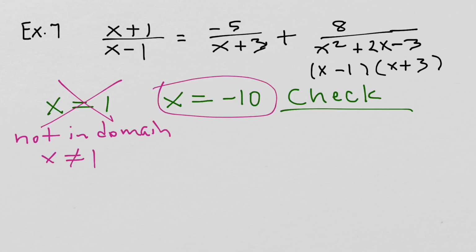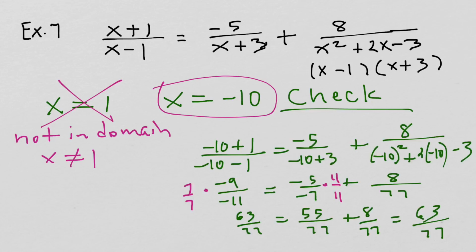All right, so now let's check this solution here. X is equal to negative 10 to see if it checks. All right, to speed things up, I plugged it in. So I plugged negative 10 into our original equation. I carried out the simplification. So 63 over 77 equals 55 over 77 plus 8 over 77, and that is equal to 63 over 77.